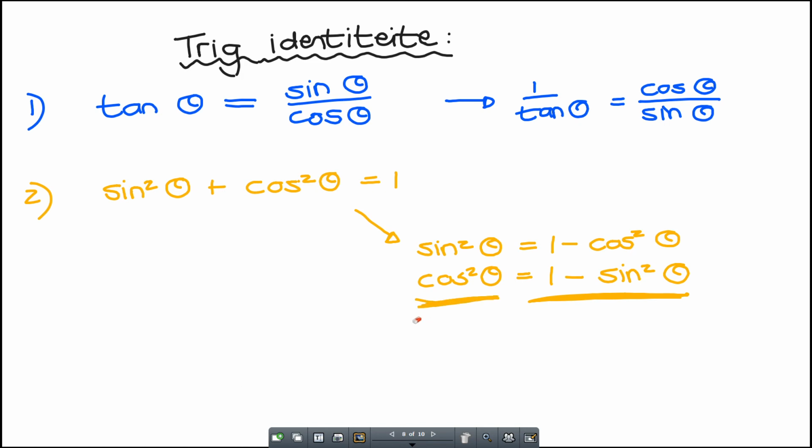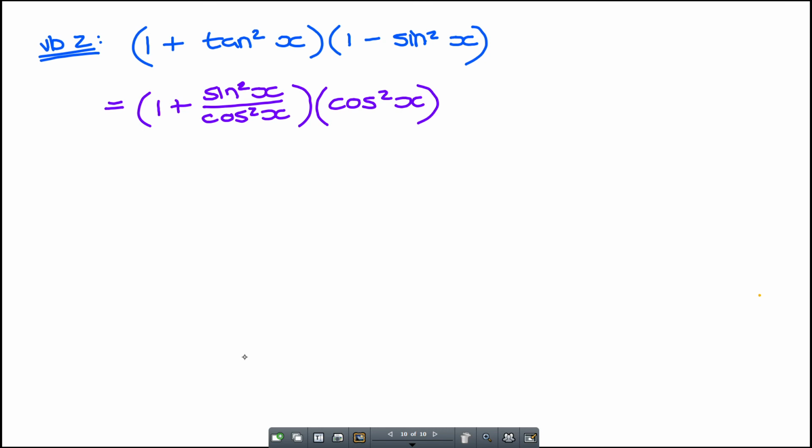So ons het net in plaas van daai regterkant, net gaan skryf cos kwadraat. Hy moet presies so lyk. Vereenvoudiging van die vorige hakkie, ja.